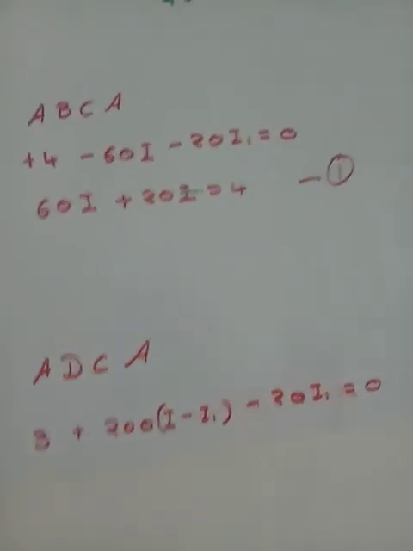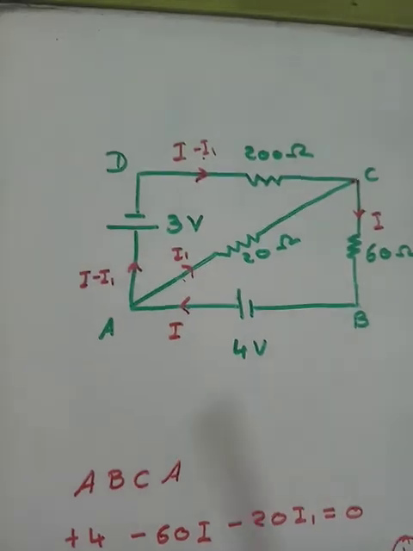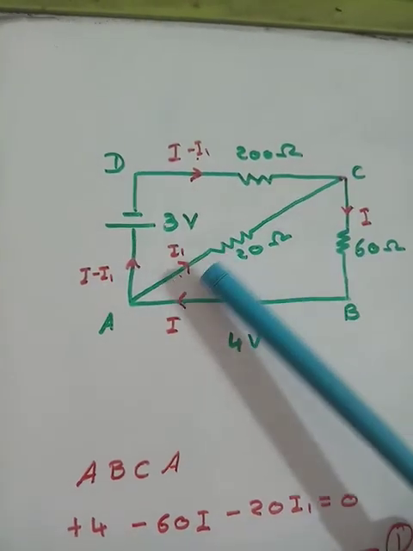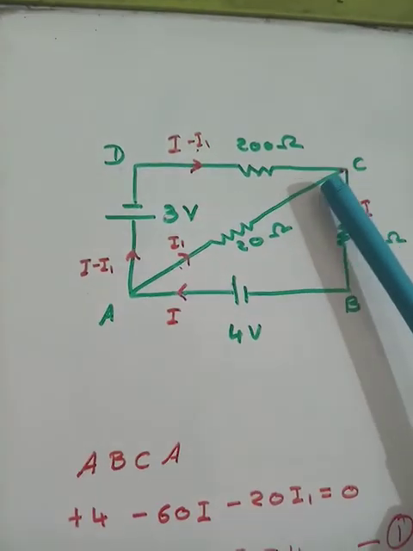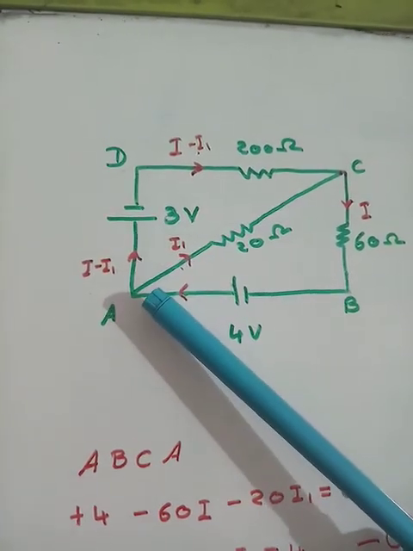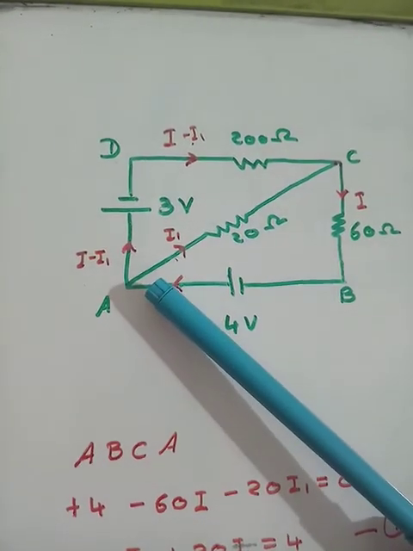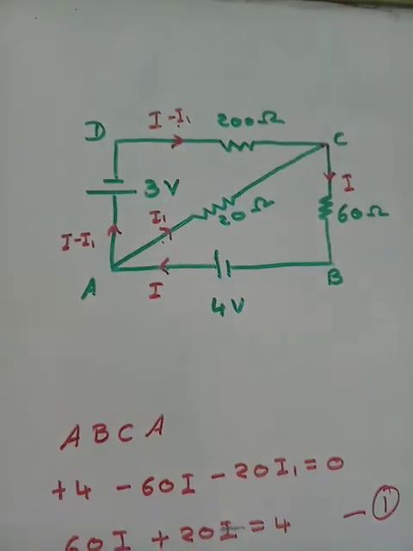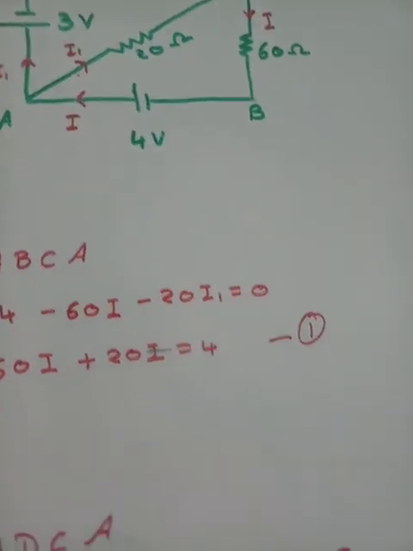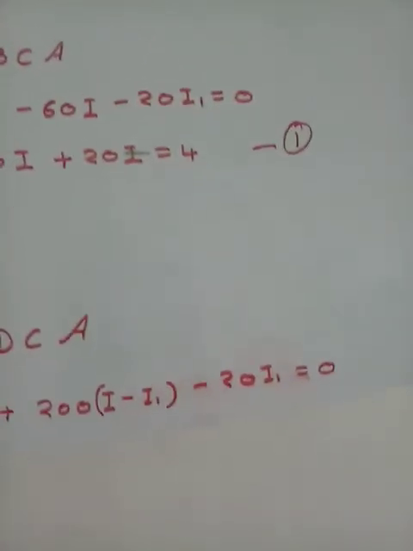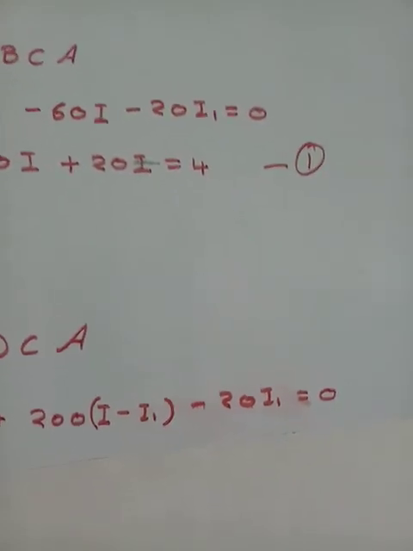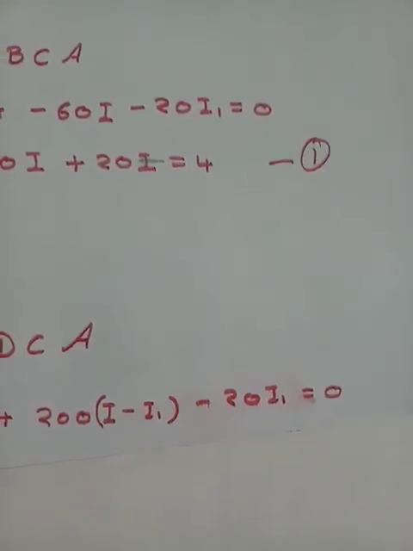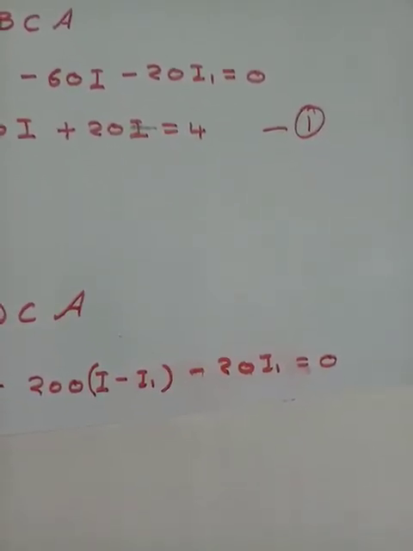And the third term, now after C, I have to go back to A. And this time I am moving opposite to the direction of current, so this potential has to be taken as negative. So this has to be minus resistance into current. Minus, what is the resistance? It's 20. What is the current? It is I1.